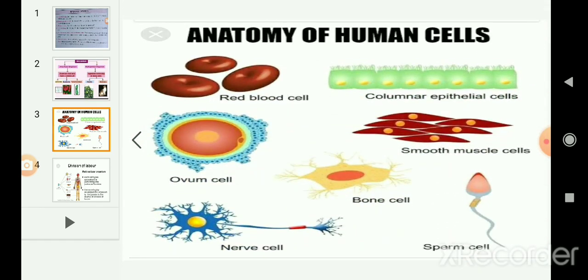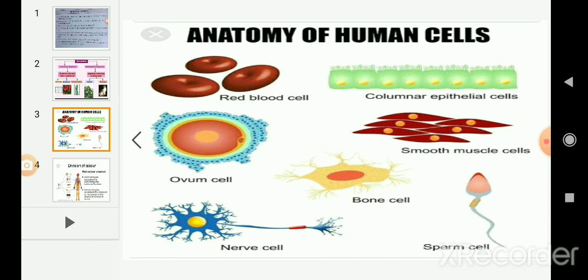And coming to the different types of human cells. In our human body also we have different kinds of cells. The structure and function may be different. So I am going to explain you some of the examples. We have different examples in figure 5.3 in the textbook. In figure 5.3, we have smooth muscle cells.